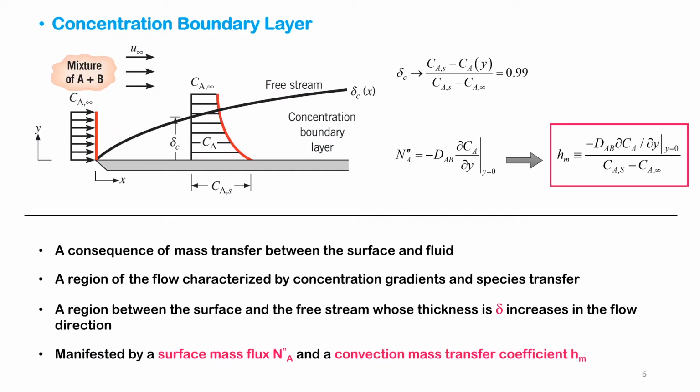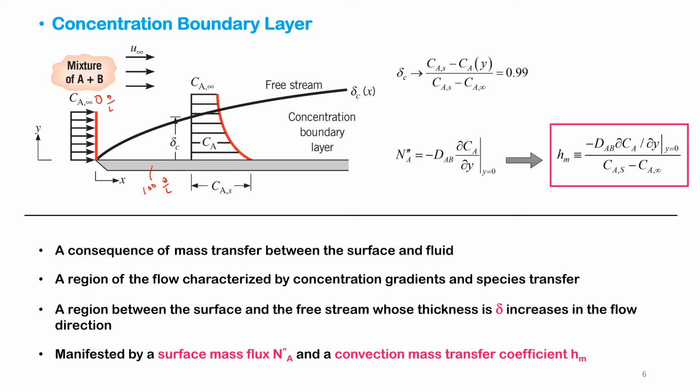So similar to velocity and temperature boundary layers, you may also have a concentration boundary layer. In this case, the variable is concentration. So you can imagine, let's say we have pure water which has 0 gram per liter salt. And let's say you have a salt block which has 100 gram per liter concentration.